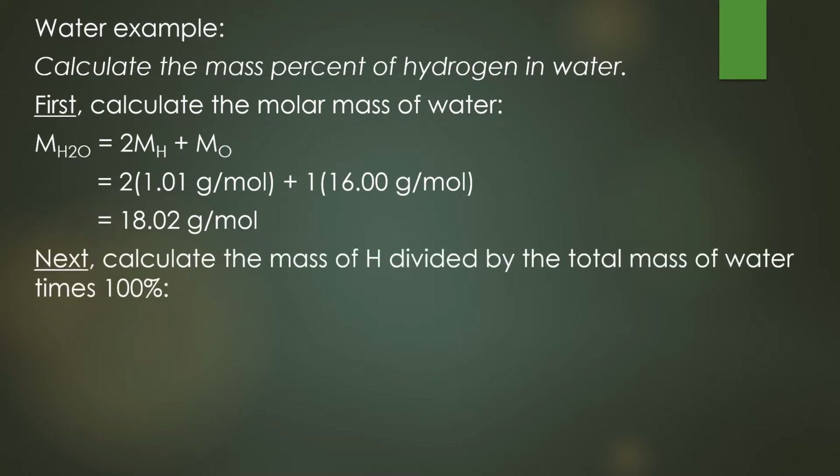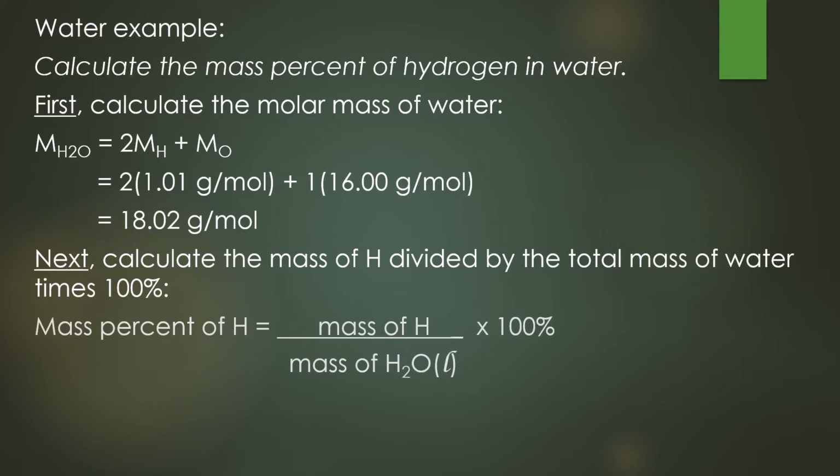So in order to calculate the mass percent of hydrogen, you take that mass of hydrogen and divide it by the total mass of water times 100%. So here is the formula, just written out now in a formula way.